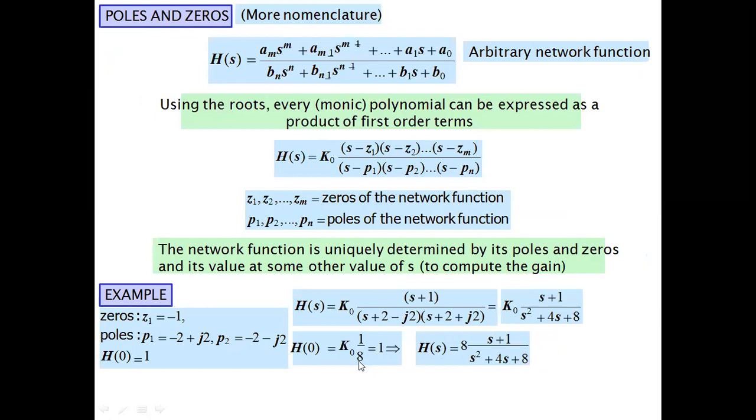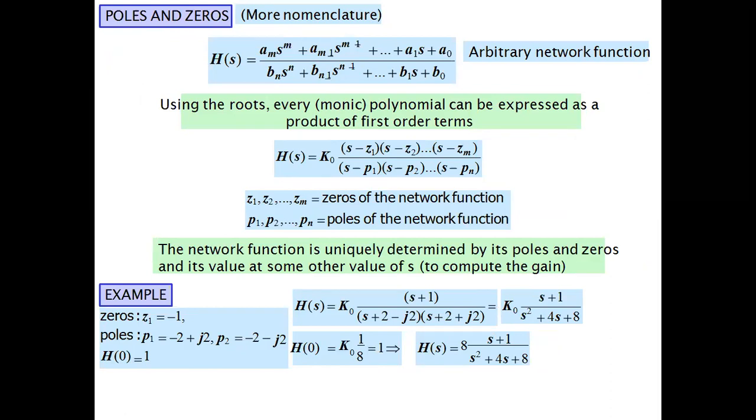So here now we are supposed to see the poles and zeros. If we have any arbitrary network, the roots of the numerator we call the zeros, and the roots of the denominator we call the poles.